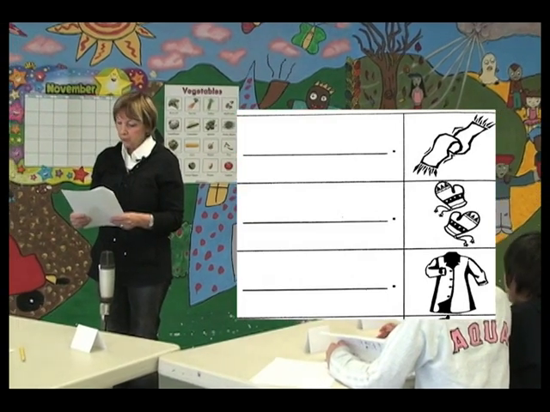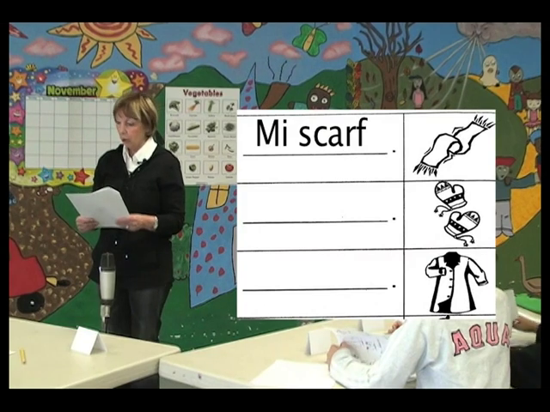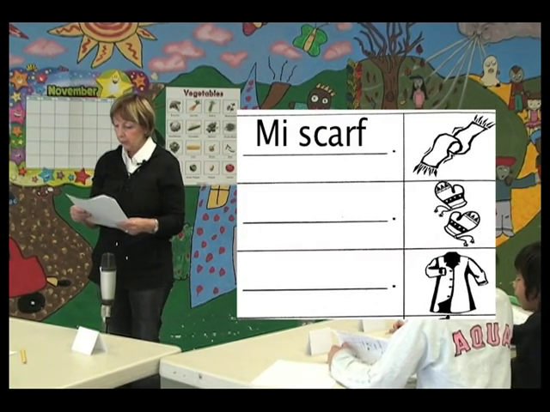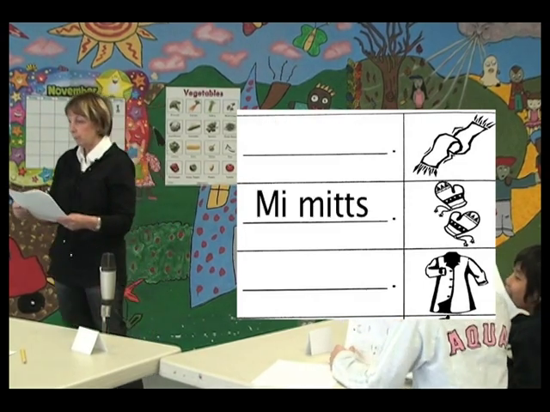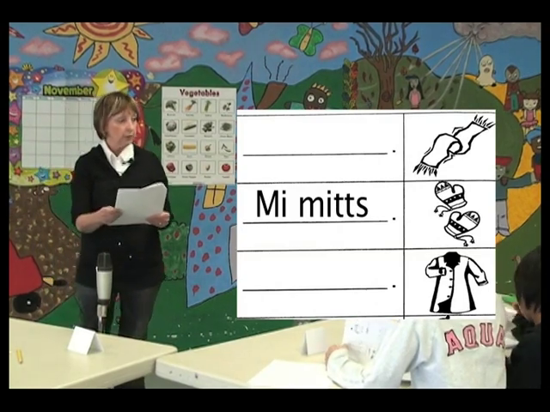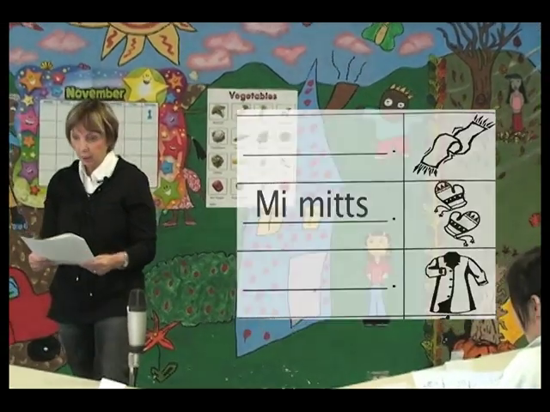So you're going to print on number 1, my scarf. I'm wearing my scarf. Right. And number 2, you have a picture of mitts. So on the blank line, you're going to print my mitts. Right. I'll give you a couple of minutes to work on that activity now.